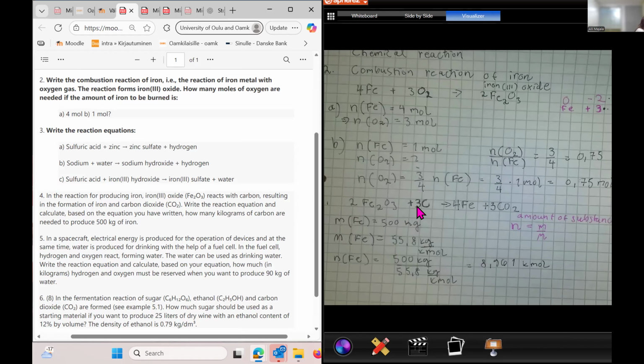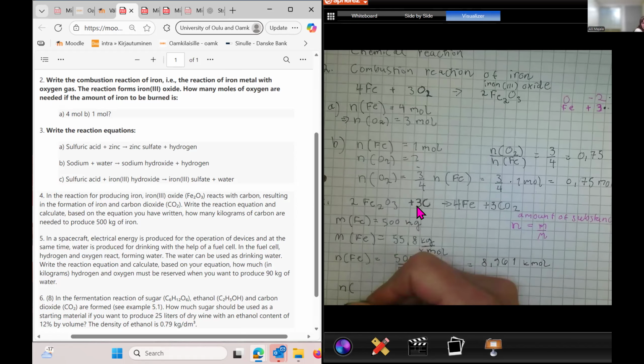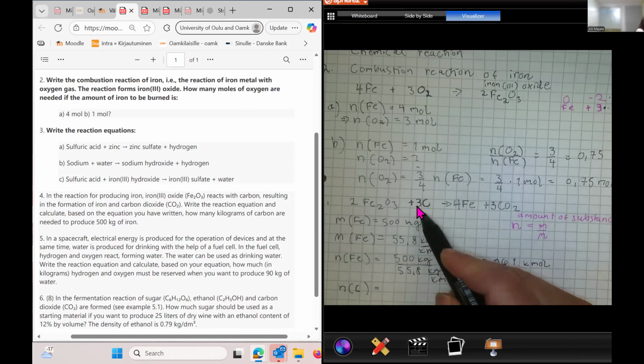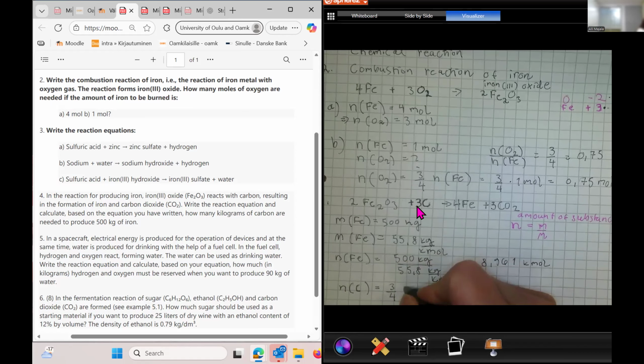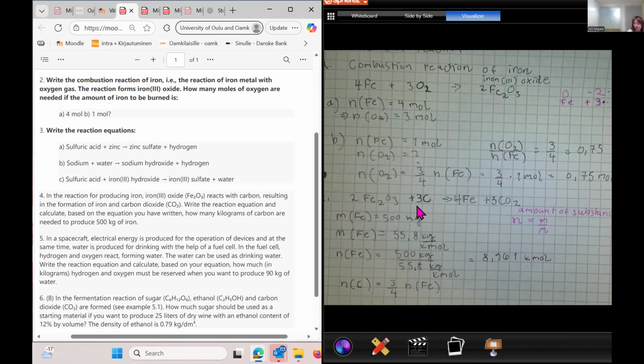So I can also write it like I wrote the last time. The amount of substance of carbon is the 3 to 4 ratio to the amount of substance of the iron. And now I can calculate it, because I know the moles of the iron.